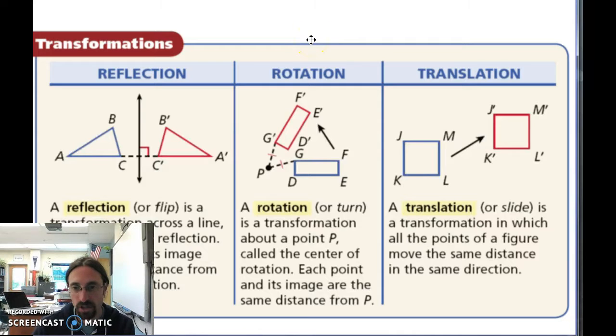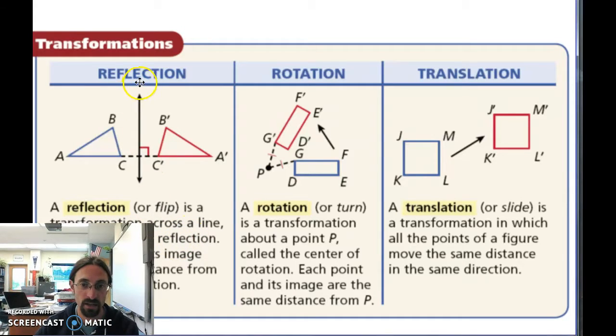So here are some rigid transformations that I do want you to get into your notes. And I want you to know the formal term and the slang because it's really important to how you describe something. So the first one is a reflection or flip, right? You reflect, you mirror, you flip. It's a transformation across a line of reflection.